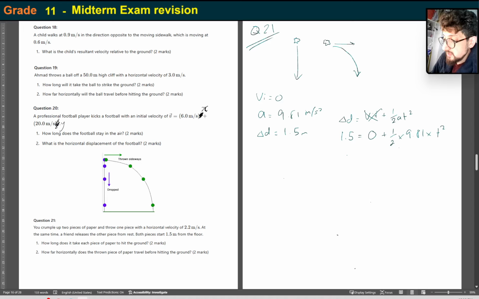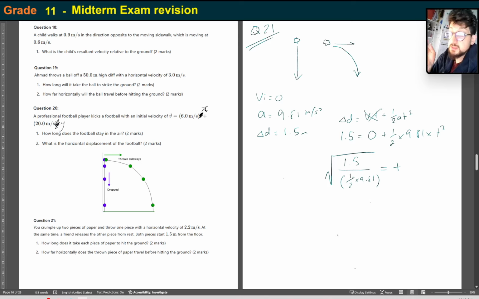Once again, with the mathematical gymnastics, we go 1.5 all over 0.5 times 9.81. I should write it the way I wrote it before, otherwise some of you might get confused. And that all equals t squared. So t is going to equal the square root of all of that.